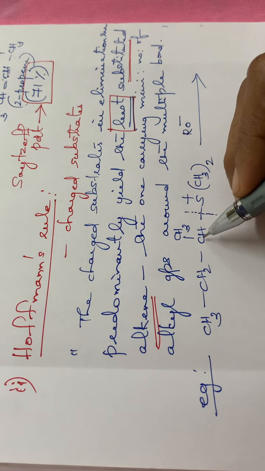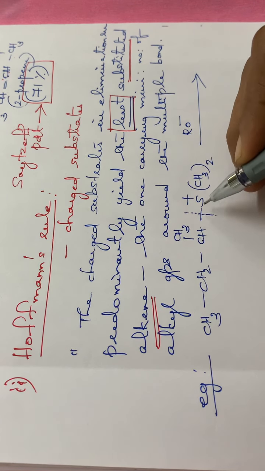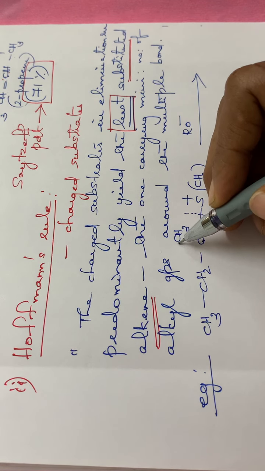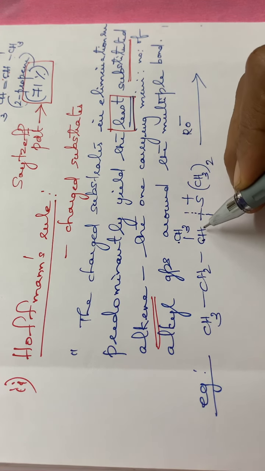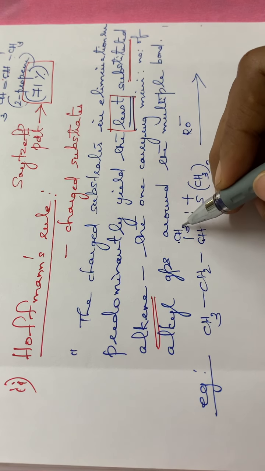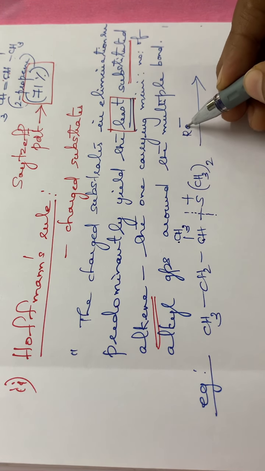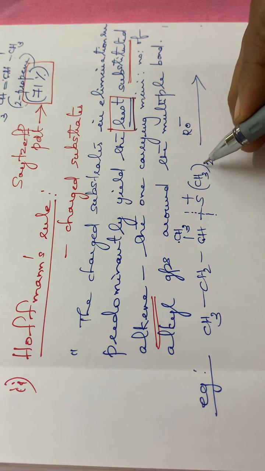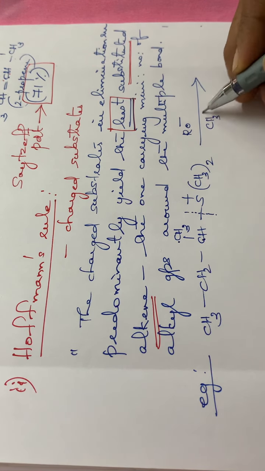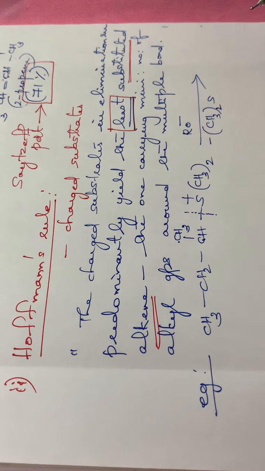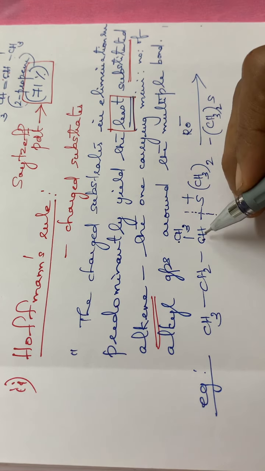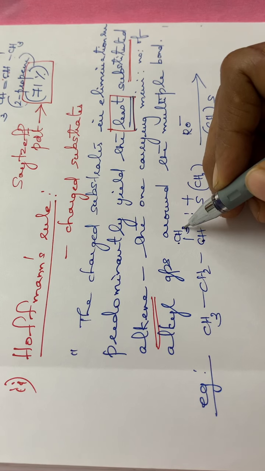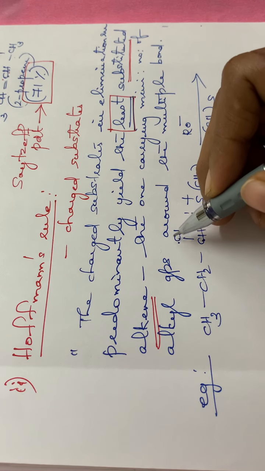This is the first carbon atom, or this is the alpha carbon atom, and from this position one hydrogen can be eliminated. Okay, so from this position one hydrogen can be eliminated and it will be abstracted by this RO minus. So this (CH3)2S will be eliminated, so that this carbon will be getting a positive charge, and hydrogen will be eliminated from this position, so this becomes negative.